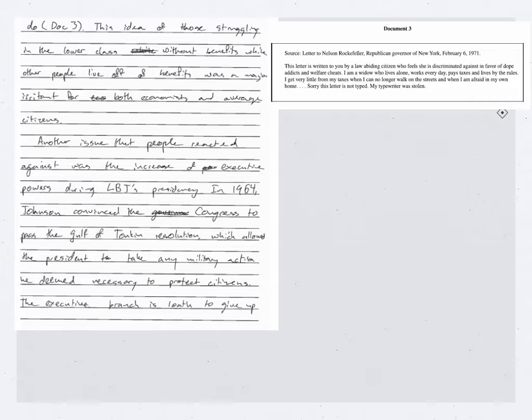And so document 3 is used to show the point of view of people who are ready for some change and ready for those more conservative policies of the government as regards economics.